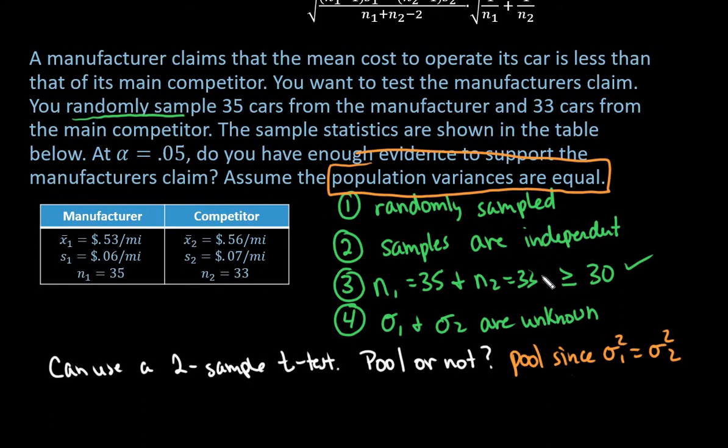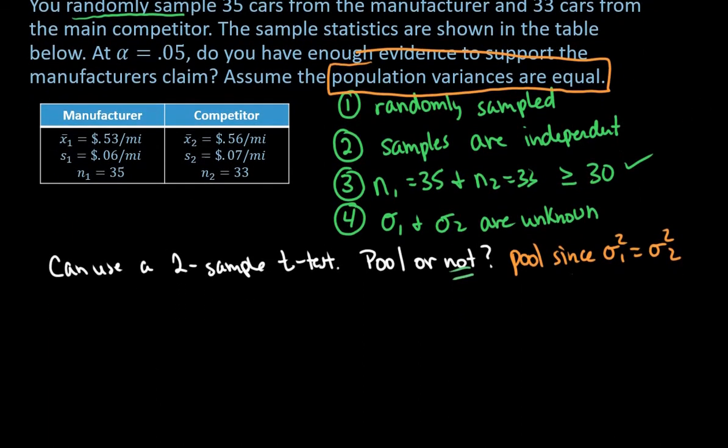Okay. If it does not state whether the population variances are equal, assume that they are not. It's always safer not to pool. So as far as these two options go, not pooling is going to be your safer option. So don't pool if you don't know if these are equal to each other.